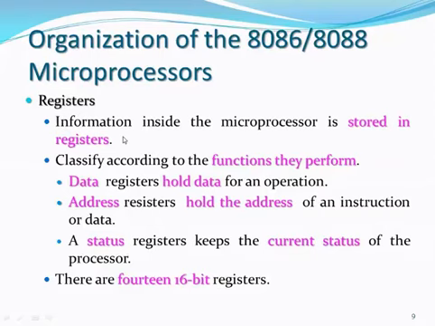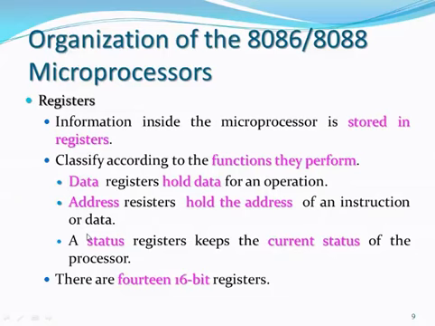We are just going to see the types of registers, and how we can classify among them. We will classify according to the registers' functionality. Look here: classify according to the function they perform. So now you have three sorts of registers that we already introduced in chapter 1.